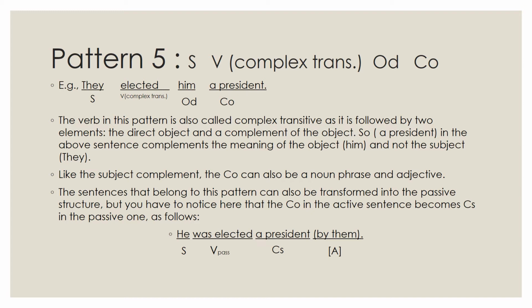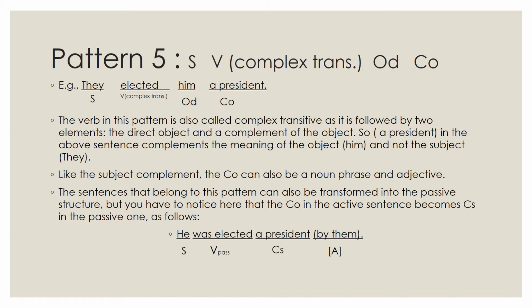Again, we have a complex transitive verb that is followed by two elements, direct object and object complement. For example, "They elected him a president." So "they" is a subject, "elected" a complex transitive verb, "him" direct object, and "a president" object complement.